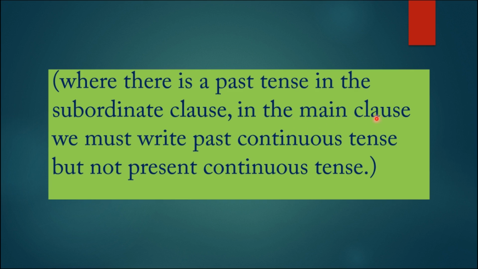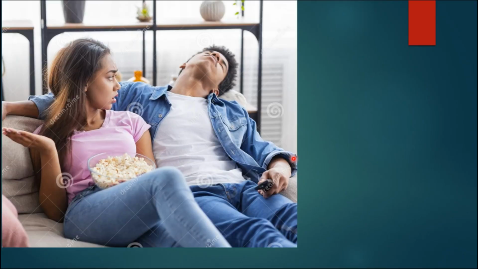In the main clause, we must write past continuous tense, but not present continuous tense. Understand? If the subordinate clause consists of a past tense, the main clause must consist of past continuous tense only. Okay, good. Give me examples.